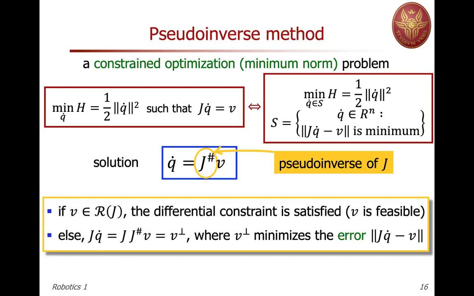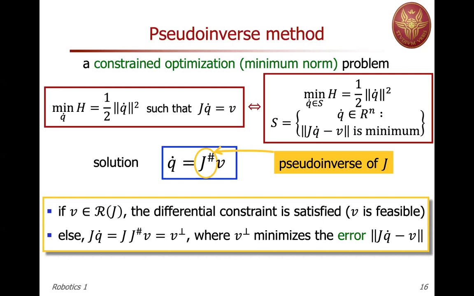So what does the pseudo-inverse do? If you plug this velocity q dot, J pseudo-inverse times V, into the differential mapping, so multiplied by J, the result is called V perp. You can use whatever symbol. And this V perp, solution of the pseudo-inverse problem, minimizes, in fact, the error norm on the joint velocity.